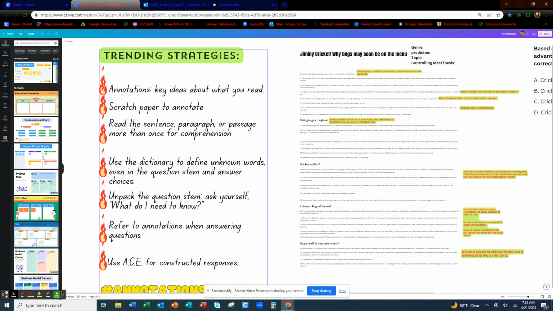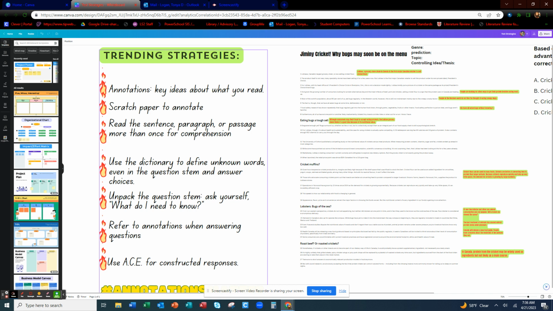Next thing, use the dictionary to define unknown words. So while you are reading, if you come across a word in a sentence that you don't know, please, please, please look that word up and define that word. Also, in your question stem, if there's an unknown word, look that word up.